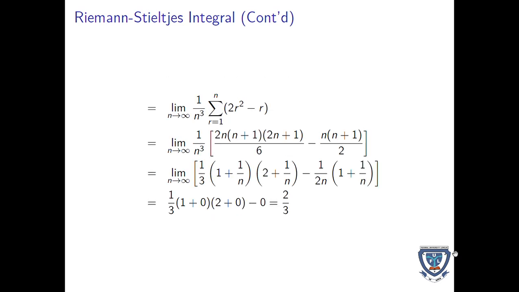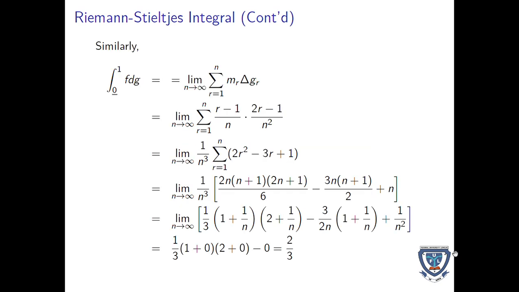When you open it up, you have the limit of 1 over 3n cubed times the summation of r squared minus r. When you evaluate properly and factor out, you get the upper double sum to be 2 over 3.